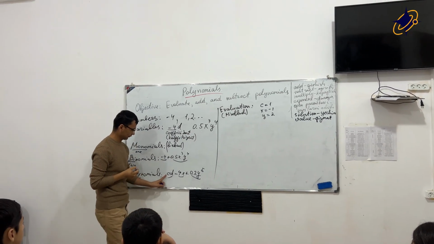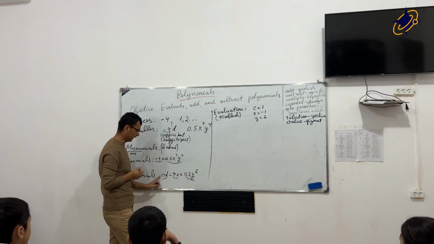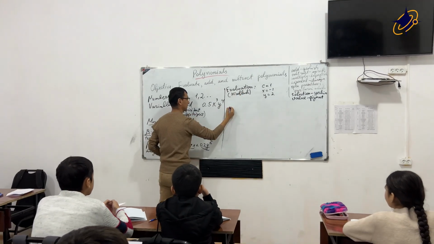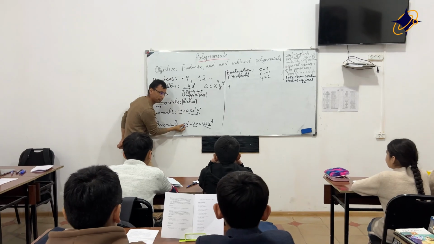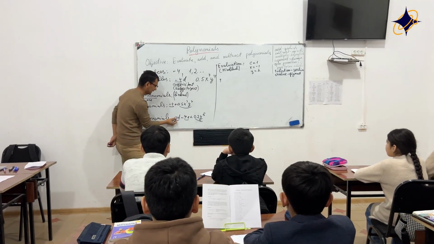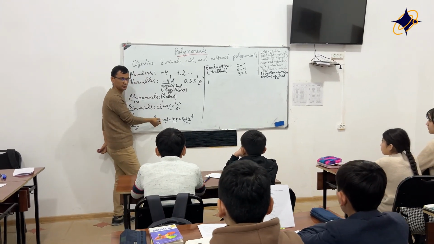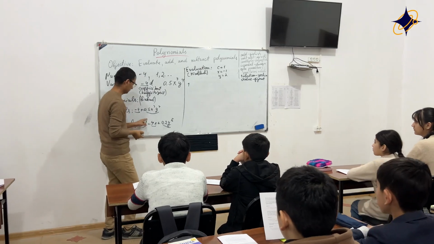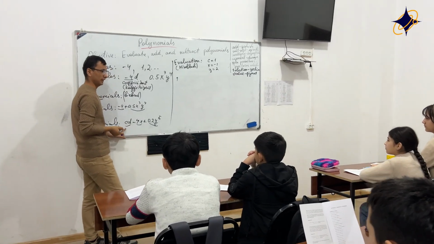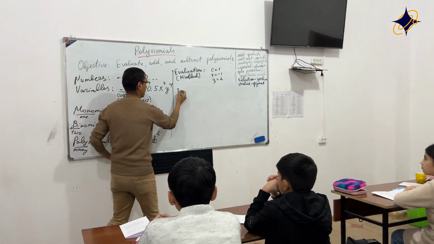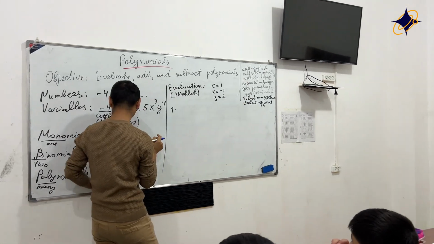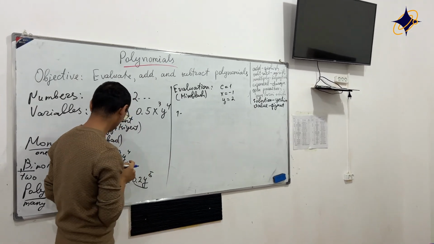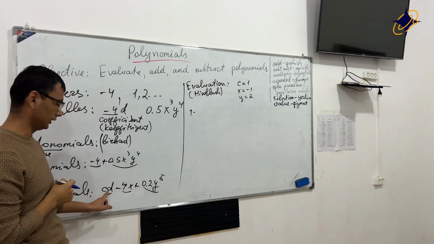We put the value of c, 1, and between them there is a multiplication. We multiply the values of these variables, multiplied by d. Oh, we don't have the value of d.